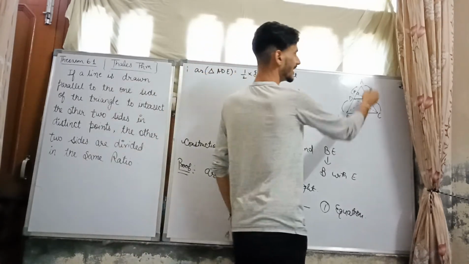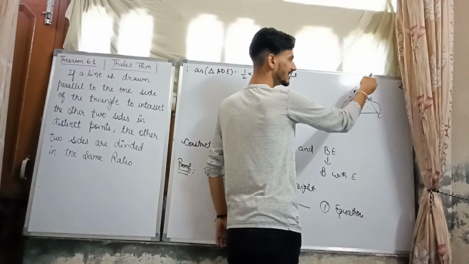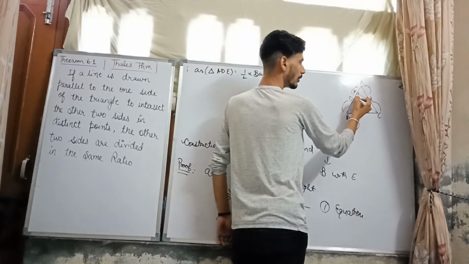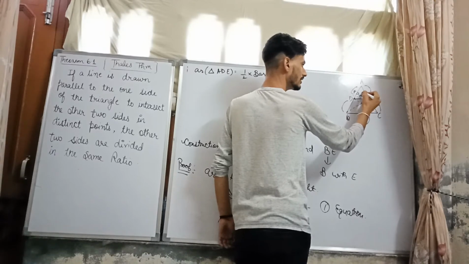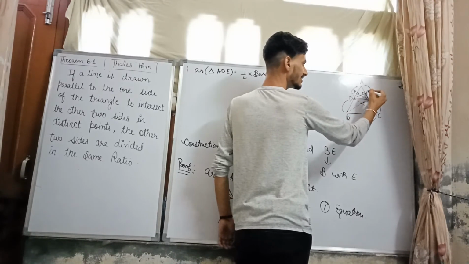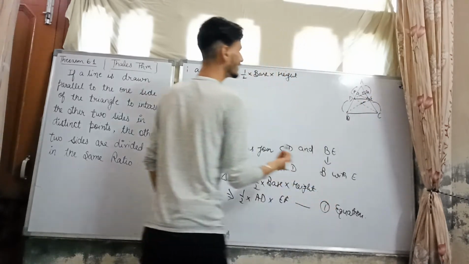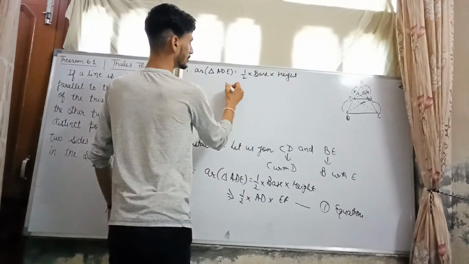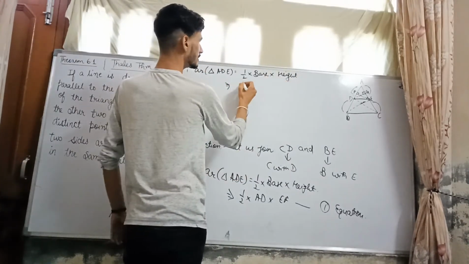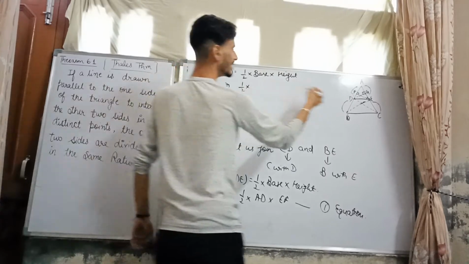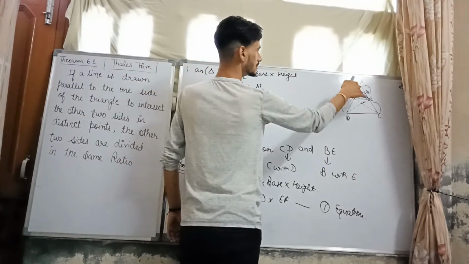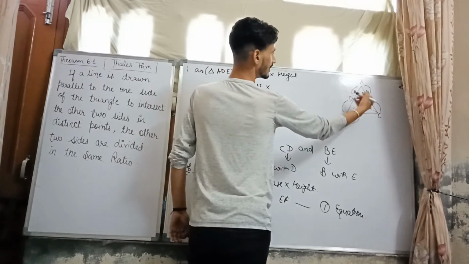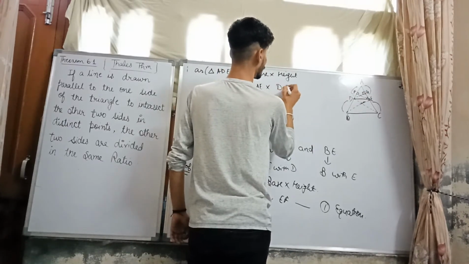If we consider AE as a base in triangle ADE, then from the opposite vertex of base AE a perpendicular height is drawn, and let us call it G. So the area of triangle ADE would be half into base AE into height DG.